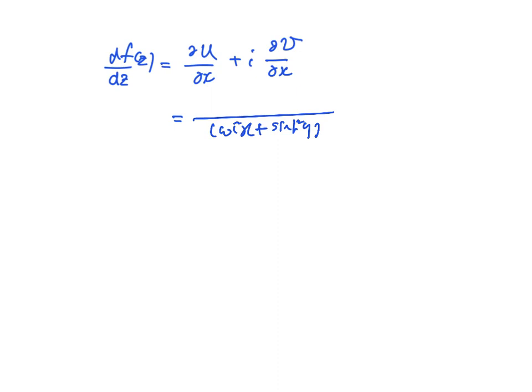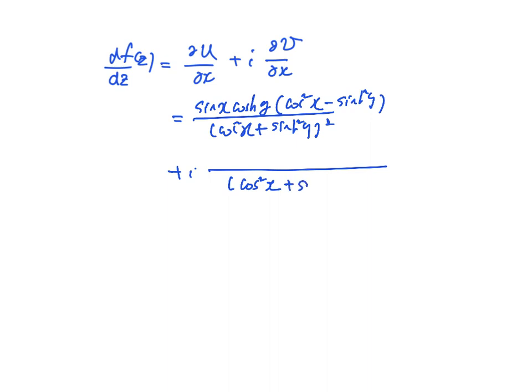Let me see. Partial x. We have a square sine x cosine hyperbolic y, cosine square x minus sine hyperbolic square y, plus i cosine square x sine square y square, cosine x sine hyperbolic y, sine square x plus cosine hyperbolic y.